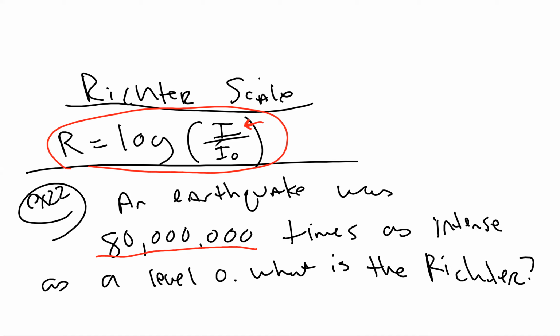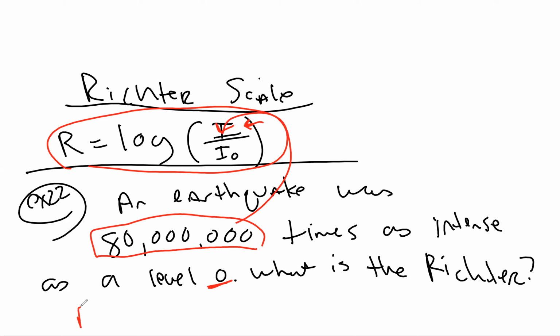It says level 0, and we can't divide by 0, so most of the time the initial intensity is not going to really affect us. All we do is take this number and put it right here.